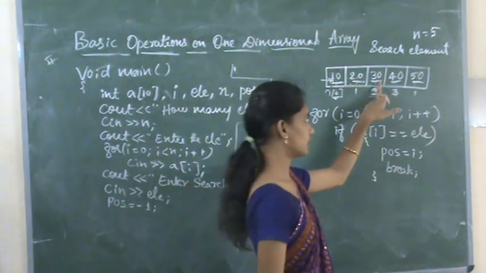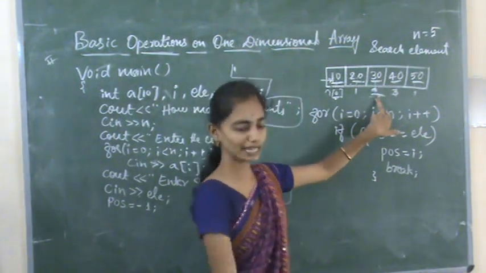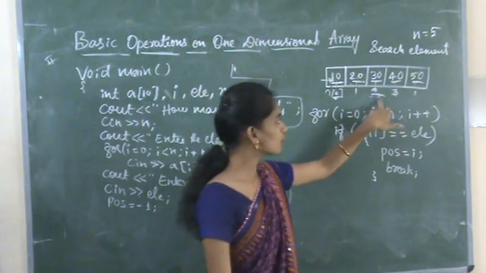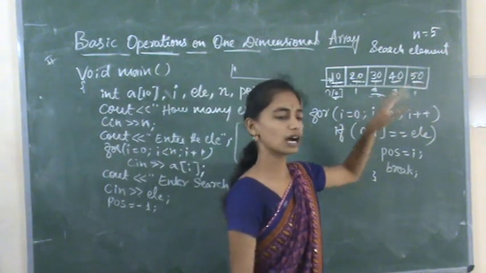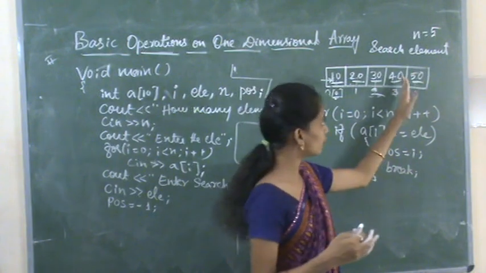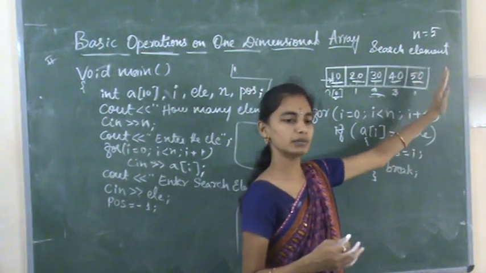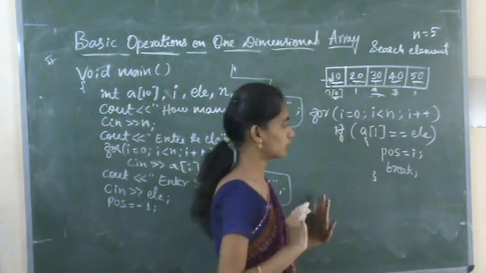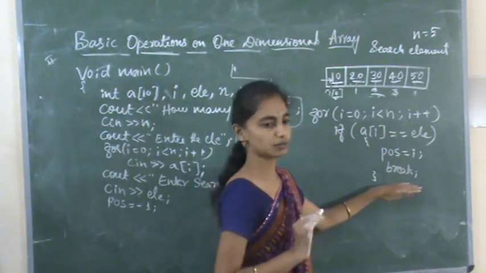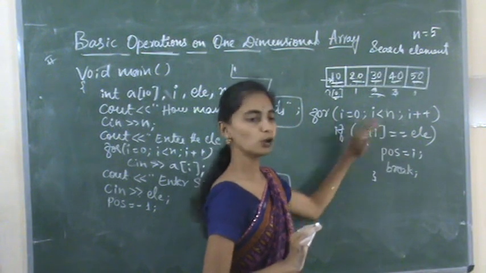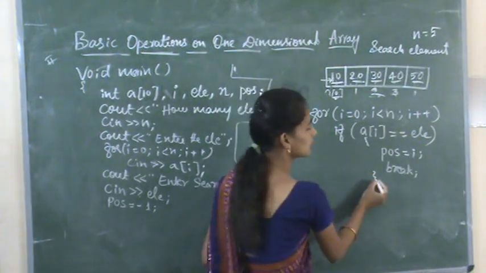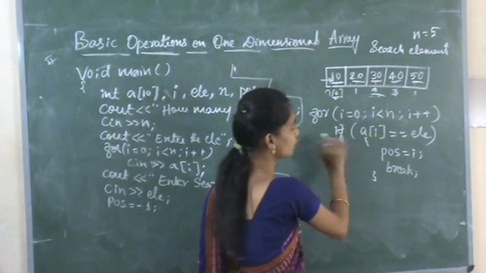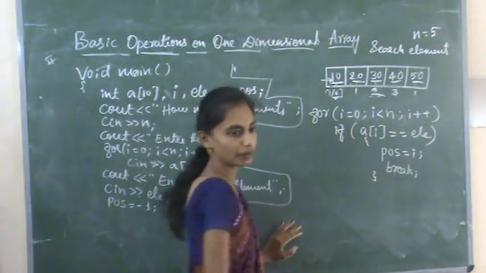If I take 30, I will get it in the second position itself. No need to check the further array elements, right? That's why I am using the break statement here. If I got it, just break or stop the loop there itself. So that is the if condition, in which we are using break.